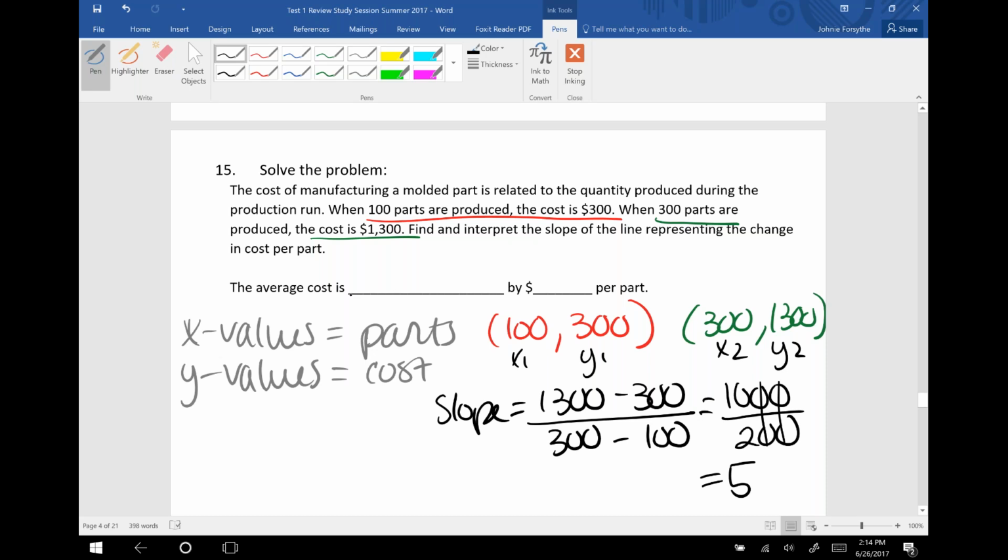So this should be either increasing or decreasing. Since your slope is positive, it's increasing. So it's increasing by how much per part? $5 per part. Okay? So on your review, it'll tell you that it wants either increasing or decreasing. So you won't have to struggle with what I'm looking for right there.